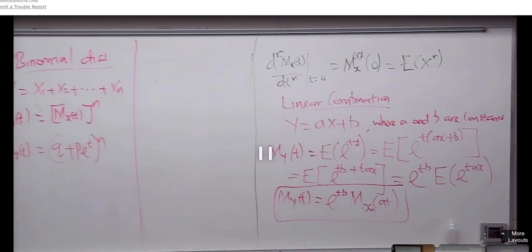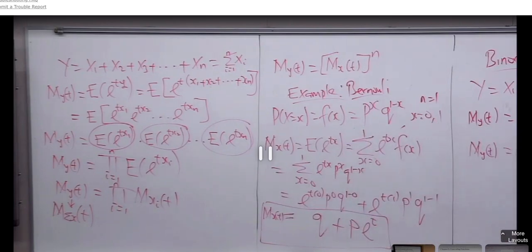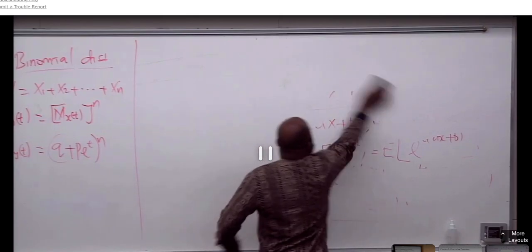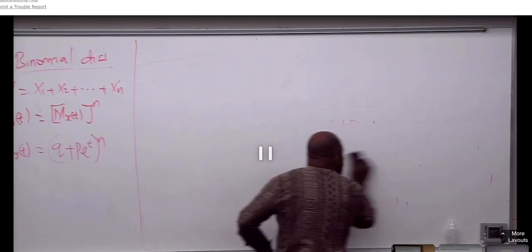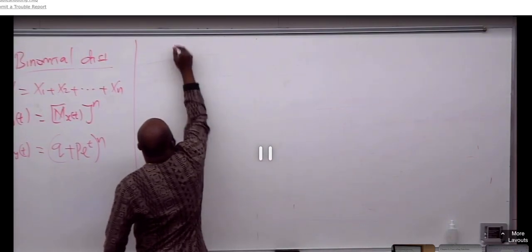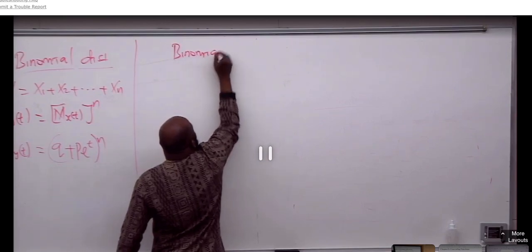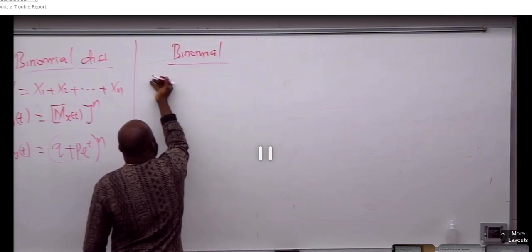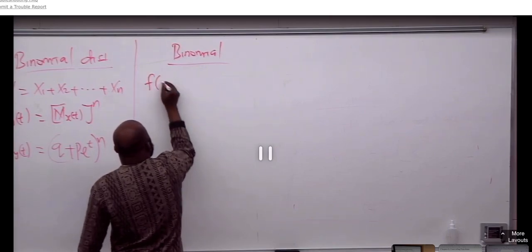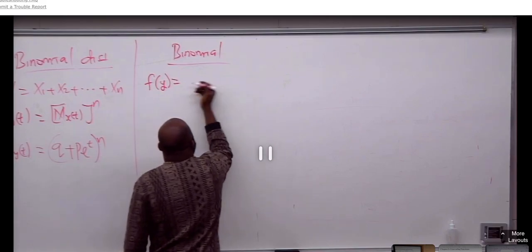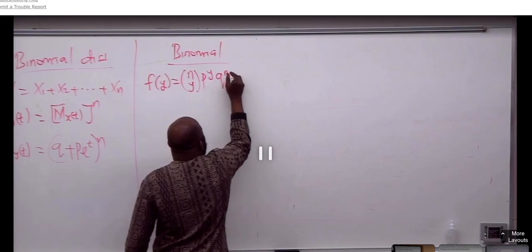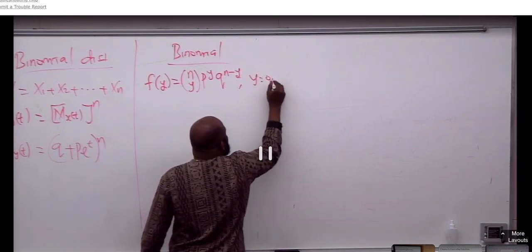For binomial, if I go direct, f of y is n combination y, p raised to power y, q raised to power n minus y, for y from 0, 1, 2 to n.